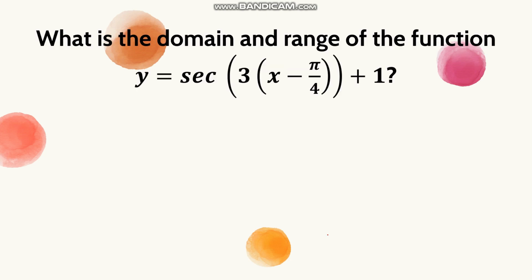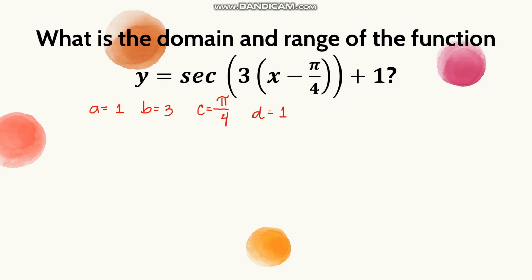Now let's try to solve for the domain and range of the given function. All you have to do is identify the values of a to d and substitute them into the corresponding formula that we have. In this case, a is equal to 1, b is equal to 3, c is equal to pi over 4, and d is equal to 1.